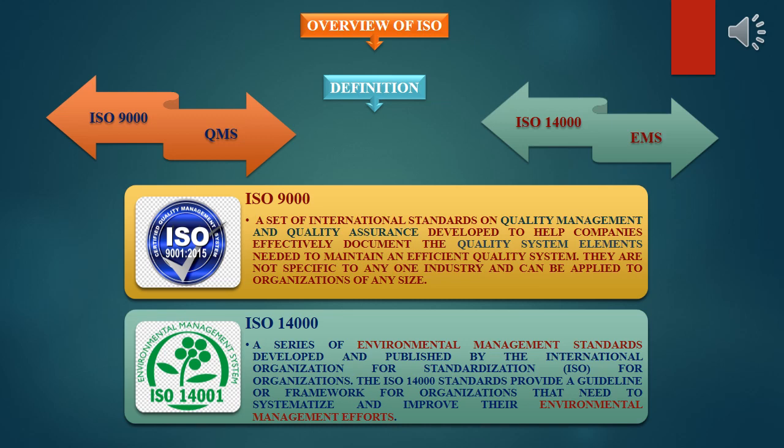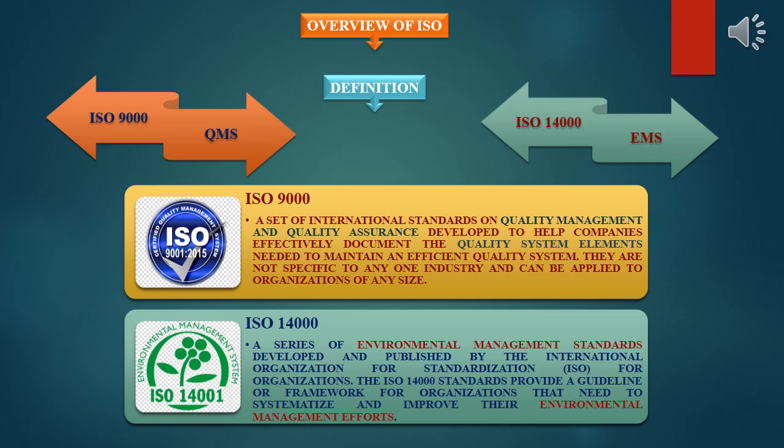Now moving to ISO 14000 standards. It is a series of environmental management standards developed and published by the ISO for organizations. The ISO 14000 standards provide a guideline or a framework for organizations that need to systematize and improve their environmental management efforts.